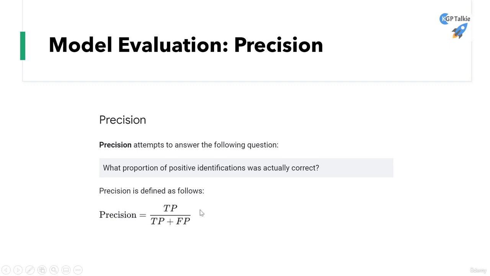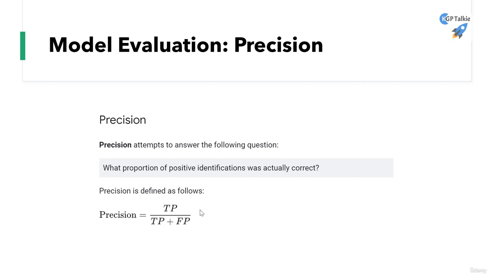Let's say you have 100 samples. In those 100 samples, let's say 90 samples were actually true positives, and 5 samples were negative in true nature but the algorithm predicted them as positive, so that becomes a false positive.